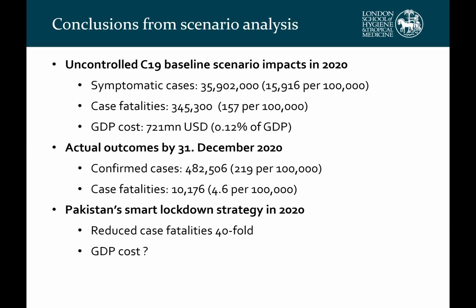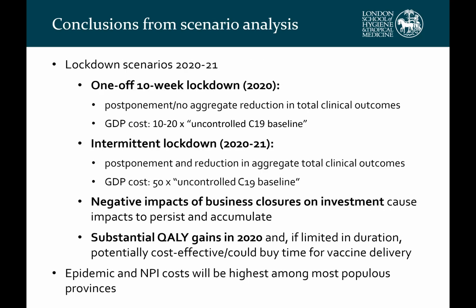In fact, the actual outcomes by December the 31st were 485,000 confirmed cases, 10,000 case fatalities. So if our simulations are correct, that might suggest that Pakistan's smart lockdown strategy did reduce case fatalities. The GDP cost is not yet known in reality.